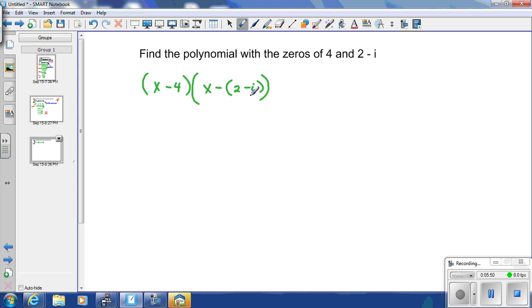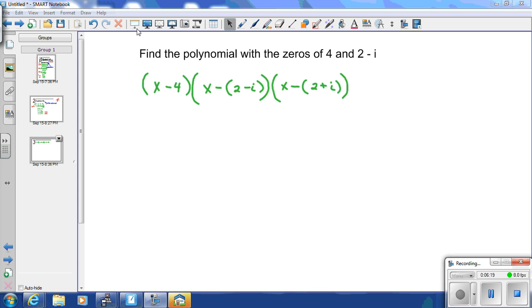But keep in mind that complex zeros occur in pairs. So if 2 minus i is a factor, well then 2 plus i is a factor. So I am going to have another guy over here called x minus 2 plus i. See how that looks to you?